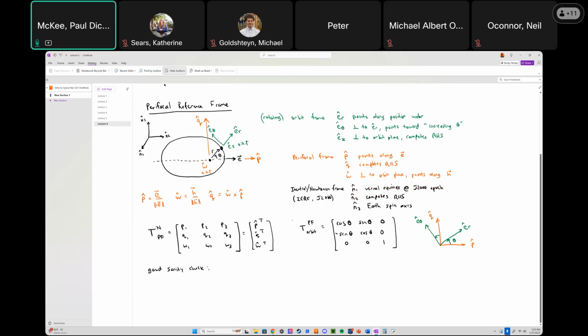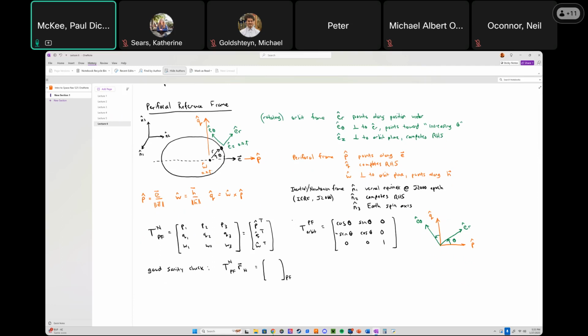It ought to be that if you take your position, which is in the Newtonian reference frame, and you multiply it by the Newtonian to parafocal matrix, you'll get a parafocal position. Stands to reason, right? We're just transforming from the Newtonian frame to the parafocal frame.